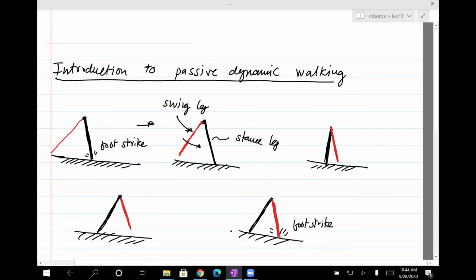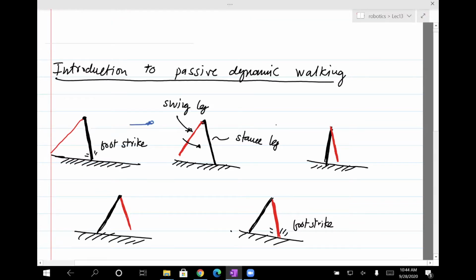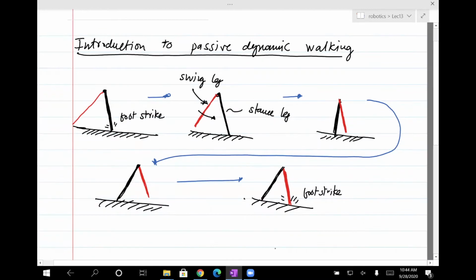So this is how the system works. This is next, then it goes here and goes here. And if you want to keep moving, then this ties back to this one.